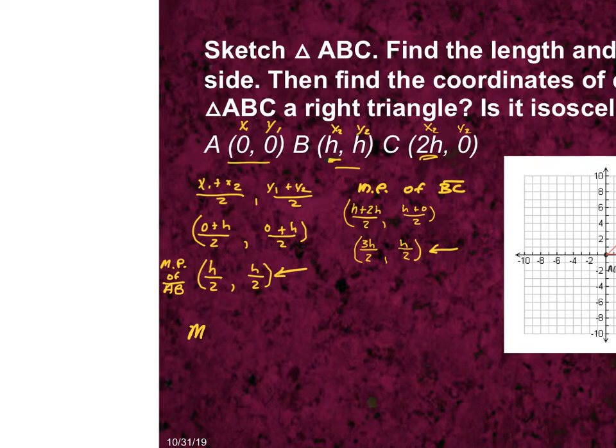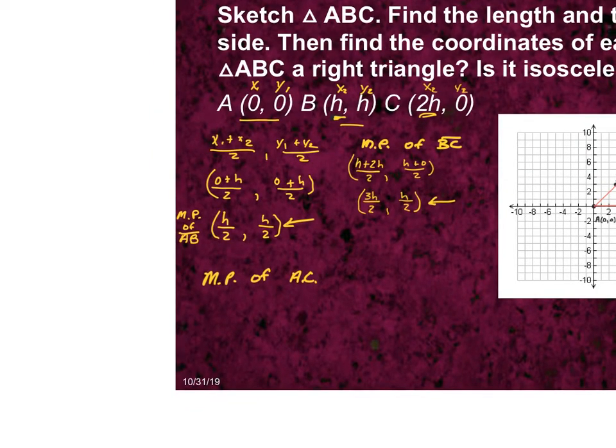And for the midpoint of AC, we've got 0 plus 2h divided by 2. That's adding the x's together and dividing by 2. And for the y's, I've got 0 plus 0 divided by 2. So the midpoint for this should be 2h divided by 2.